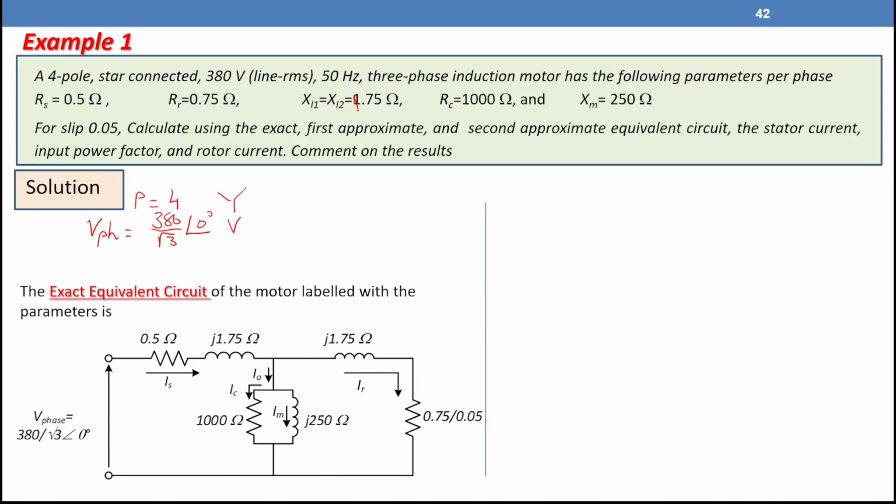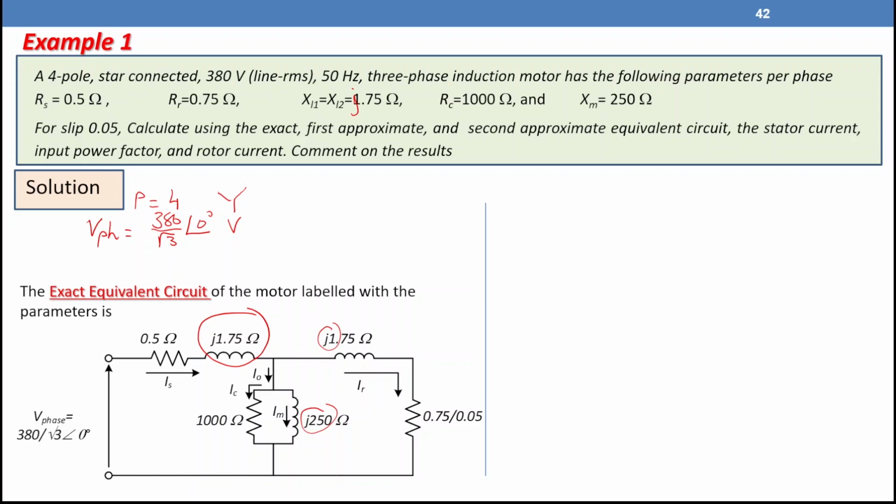He didn't put J here, so you need to add J yourself. The reactance should have the imaginary part. That one is not inductance in Henry, it is in ohm, so you need to add J in the stator, in the rotor, and in the magnetizing branch.